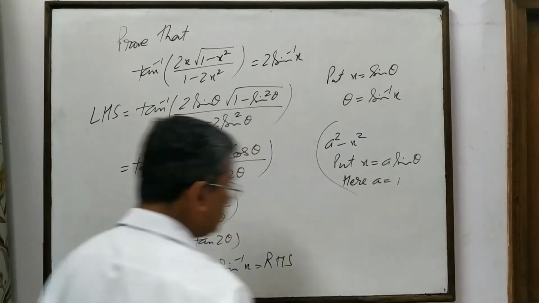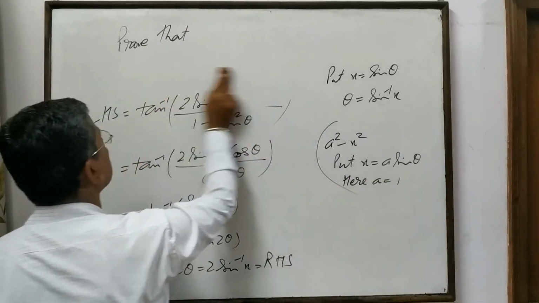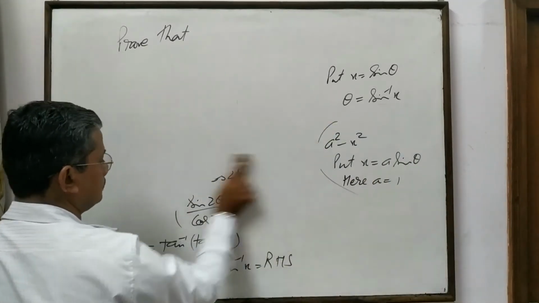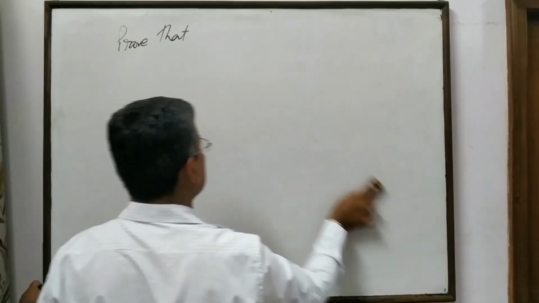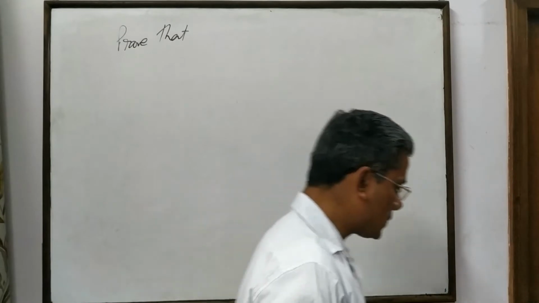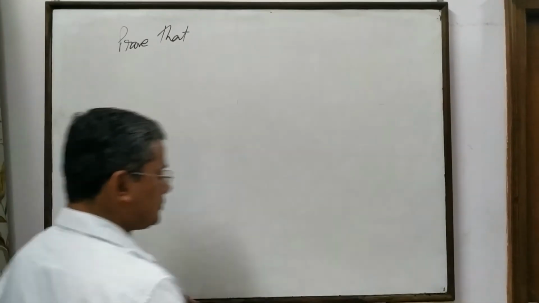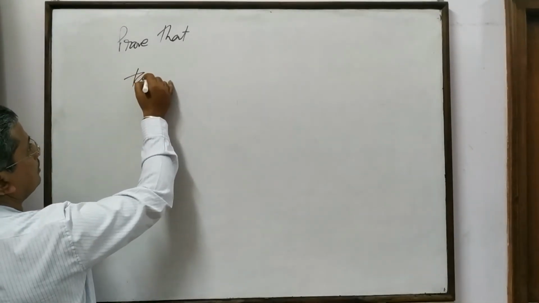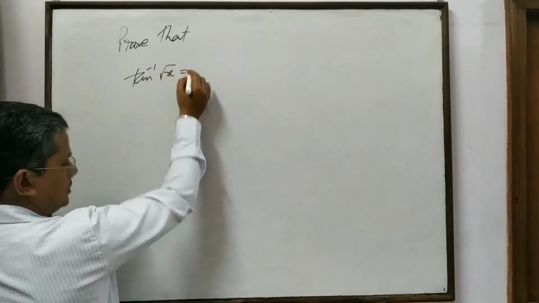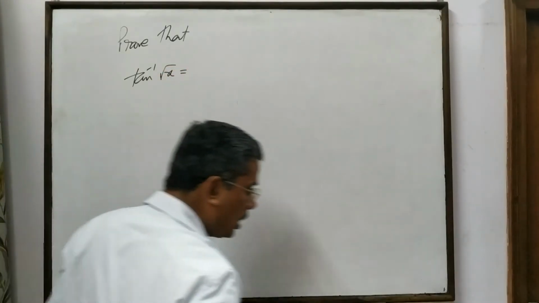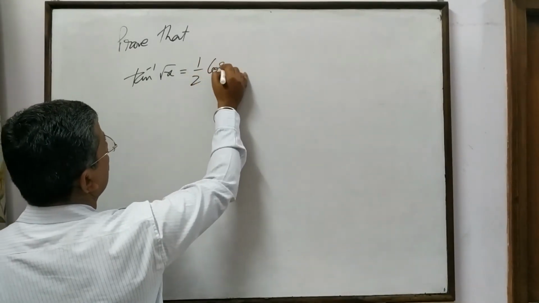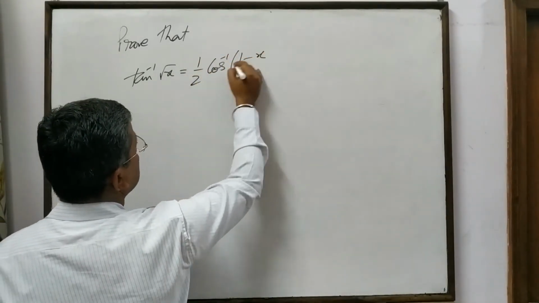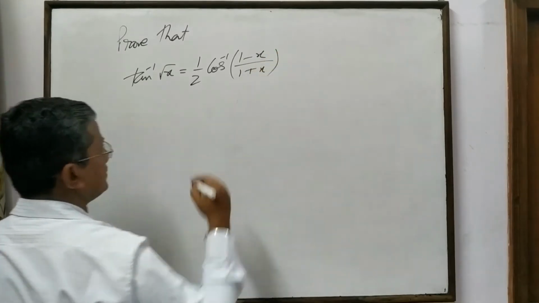Prove that tan inverse root x is equal to half of cos inverse of 1 minus x upon 1 plus x.